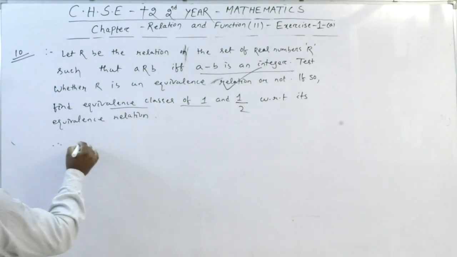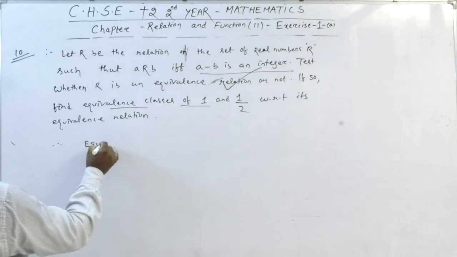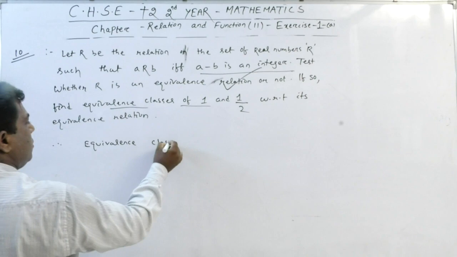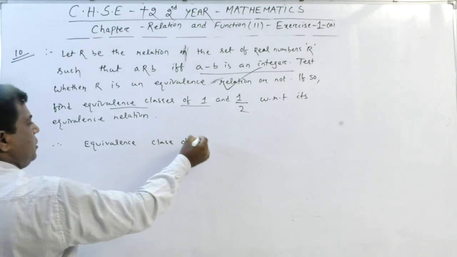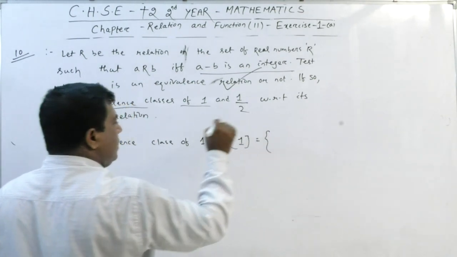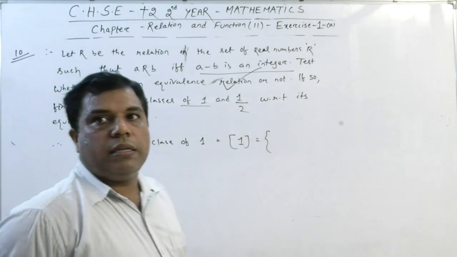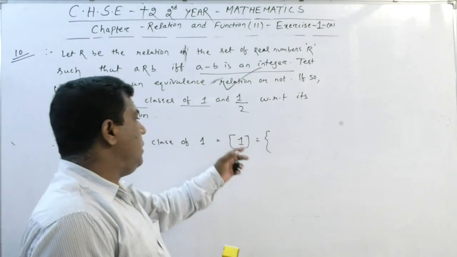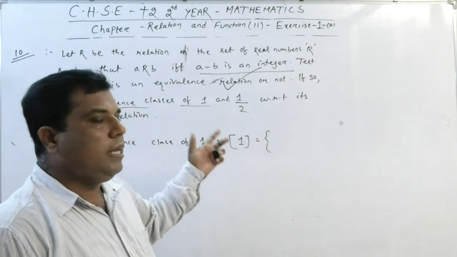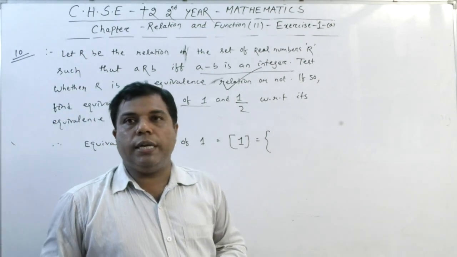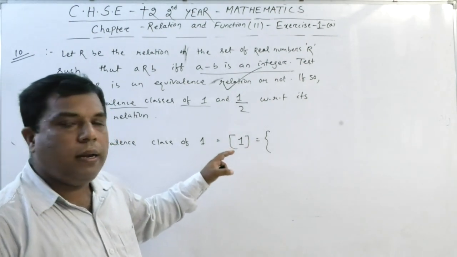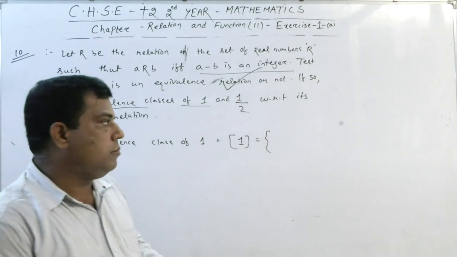Therefore, the equivalence class of 1 is denoted like this. What does it mean? It is the set of numbers related to 1, meaning their difference is an integer. Think about what type of numbers I should subtract from 1 to get an integer.